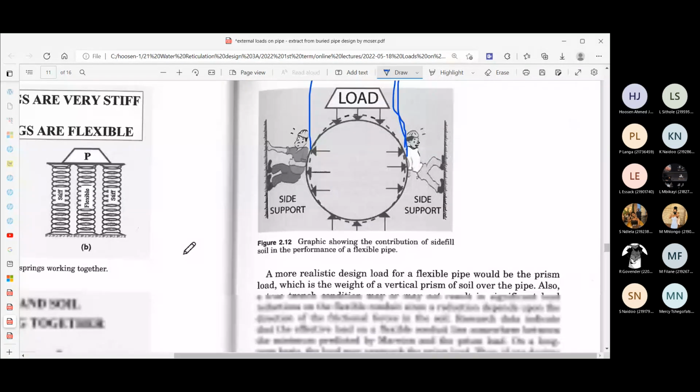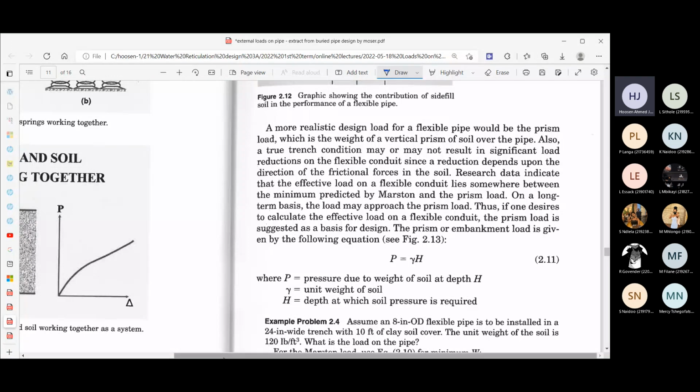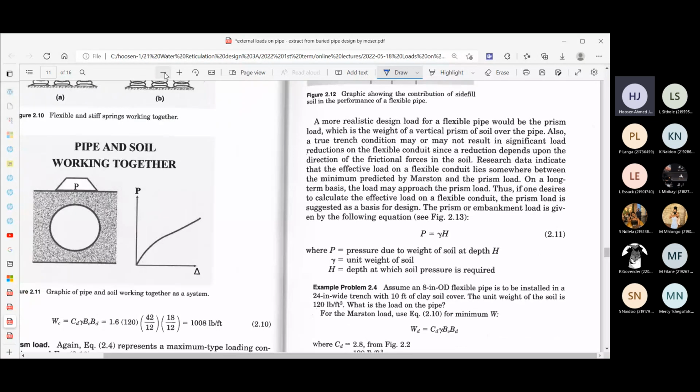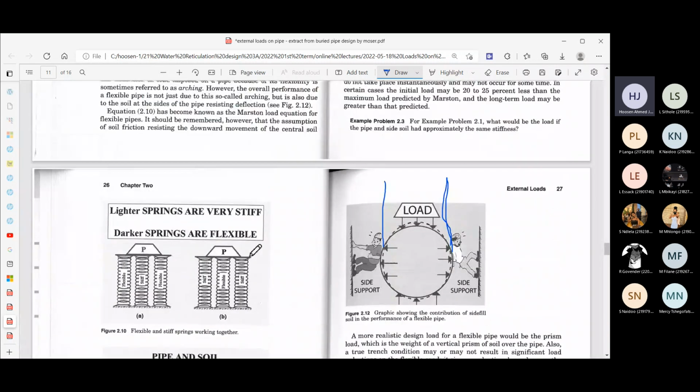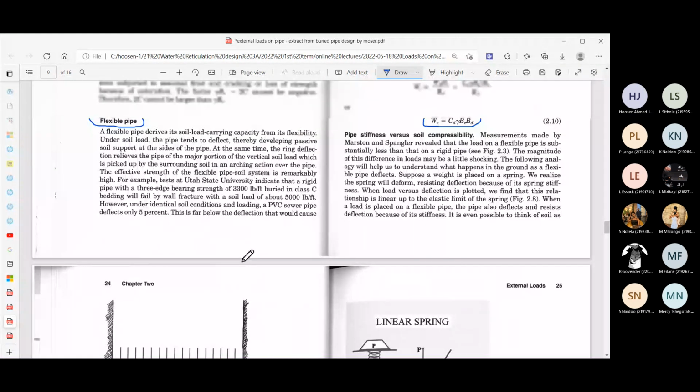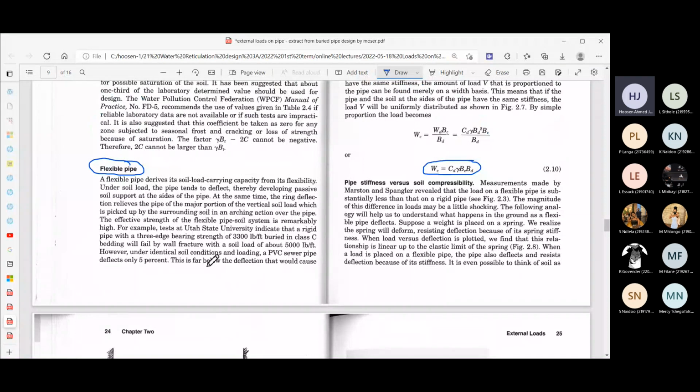Now, you can read through this set of notes here, and they talk about how a test was done with regard to flexible pipes. For example, they say at Utah University that they did tests with regard to rigid pipes and flexible pipes.